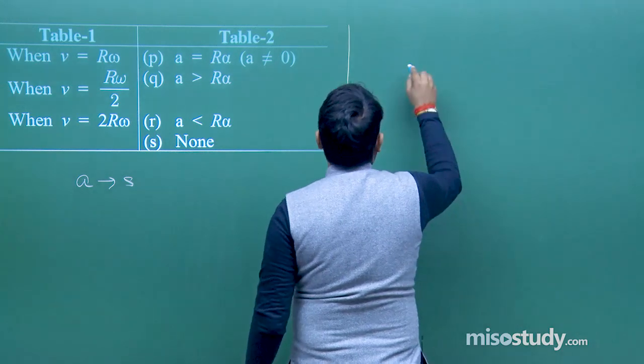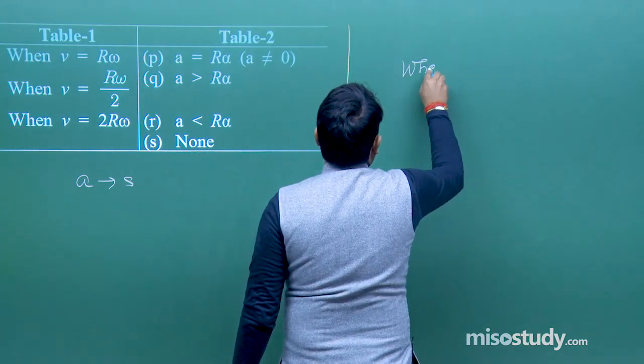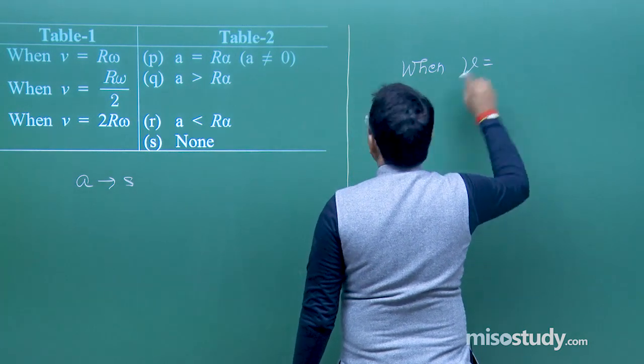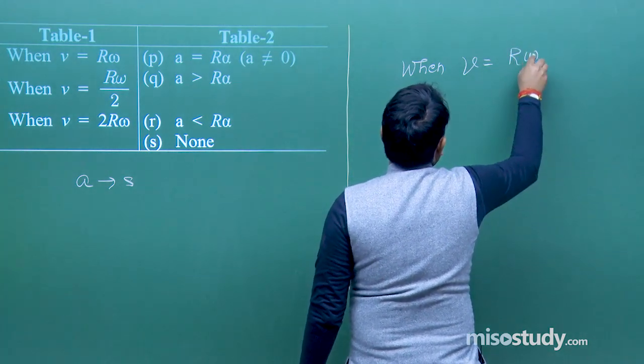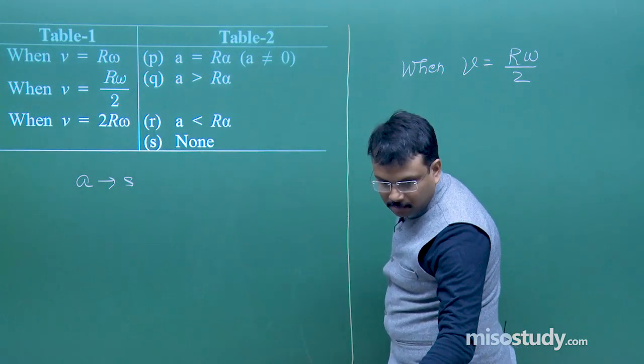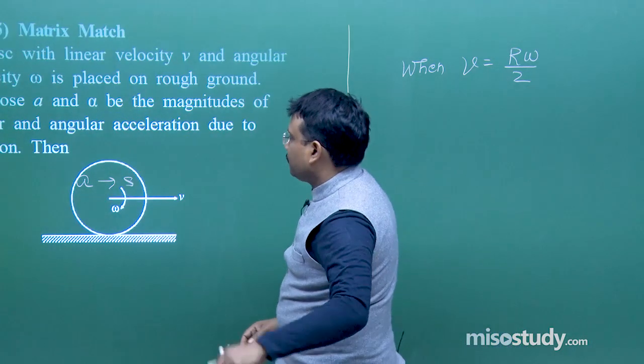Second case, when V is equal to R omega by 2. Take a look at the diagram once again, fine, this way.